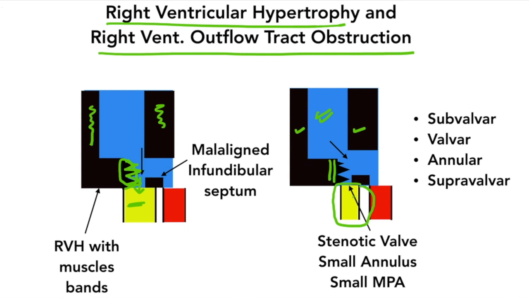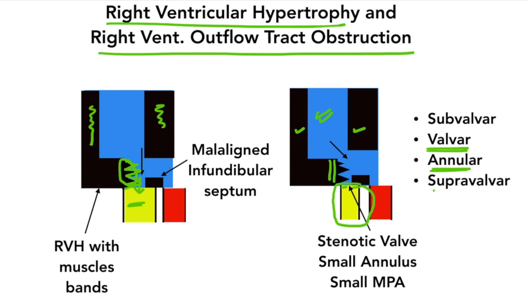Now distally, that is in the pulmonary circuit, the reason can be valvular, that is the pulmonary valve per se can be defective, or annular, that means the valve is functioning absolutely fine but the annulus of the pulmonary valve is small. A small annulus can definitely cause obstruction to the blood flow.